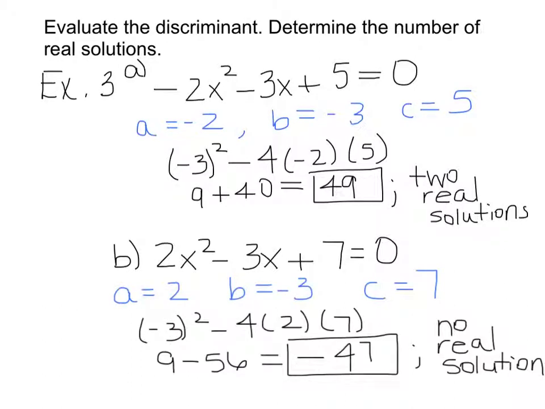Okay, A was 2, B was negative 3, C was 7. Plugging everything into my formula, I get 9 minus 56, which is negative 47. Since my discriminant is negative, there's no real solutions, which means it has no x-intercepts. And basically that's it.